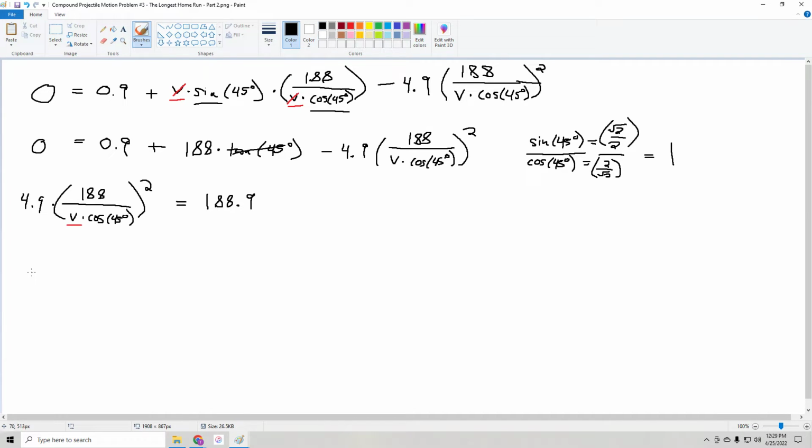That means we'll have 4.9 times 188 over cosine of 45 degrees. That quantity is still squared, is equal to 188.9 times v squared.